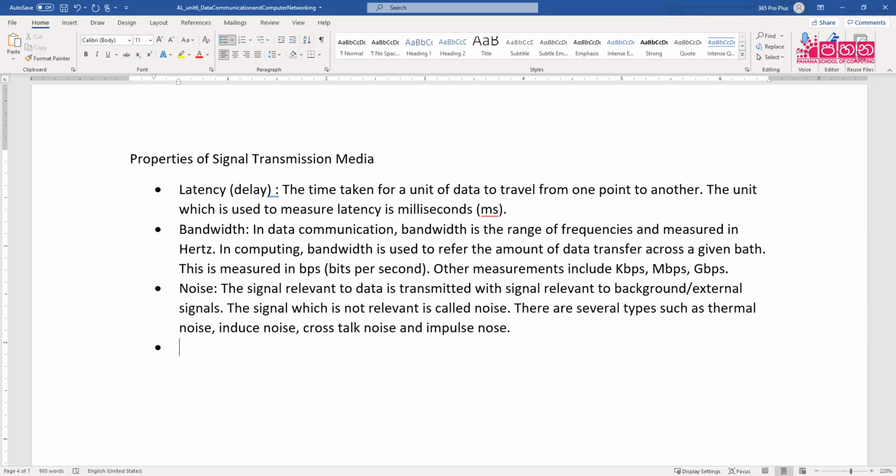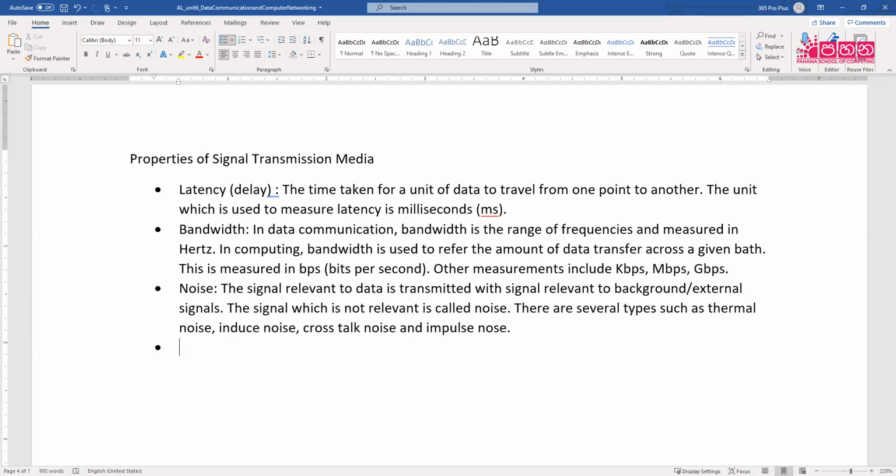Right. So that's about the noise. So what is not relevant when you are sending data? Sometimes you might send data which is not relevant to you. Right. So that's about the noise.